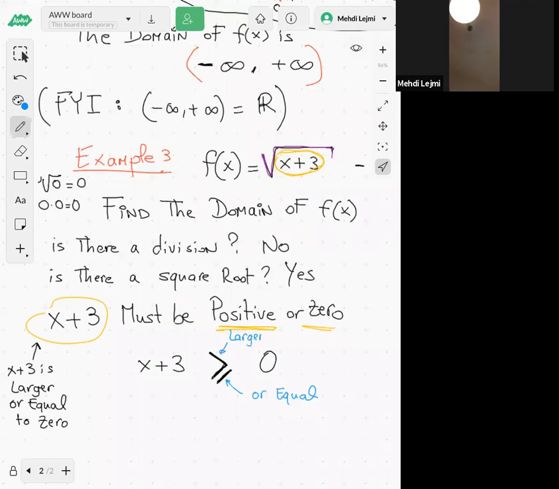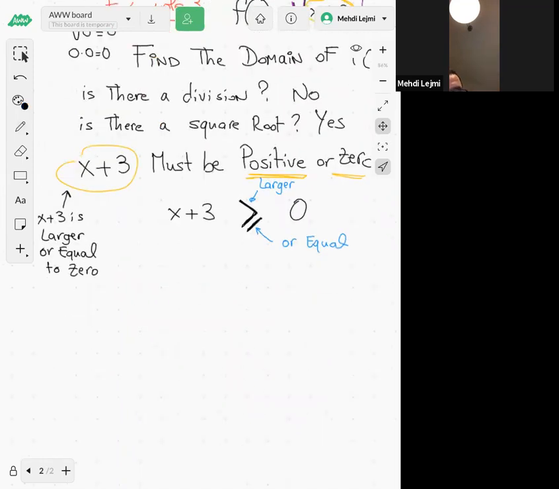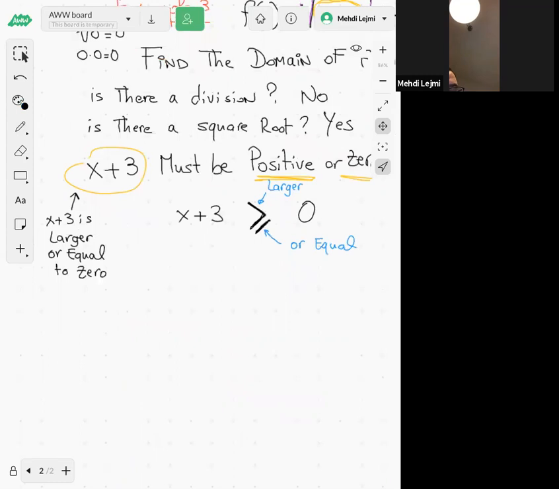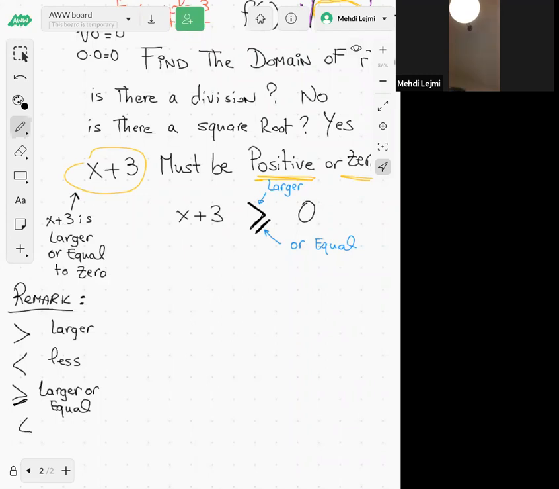Just to remind you of the symbols: this symbol here is strictly larger. The other way is less. With the line here, that is larger or equal. And the other way around is less or equal.